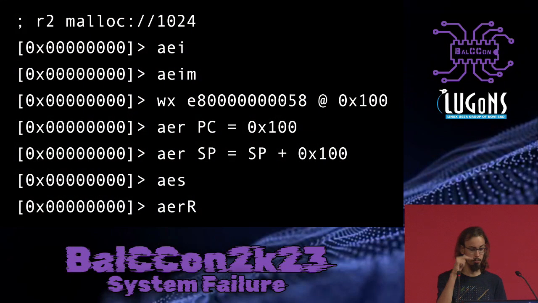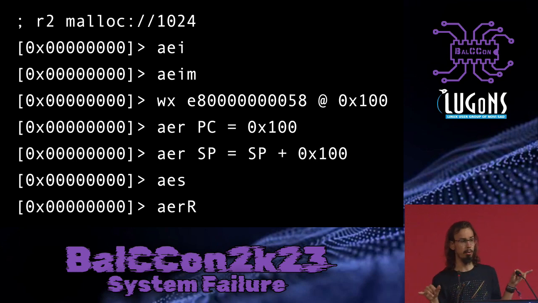Then we set the program counter with AER, which is analysis, ESIL, registers, PC, program counter, to the address of that bot. Then we increase the stack pointer just a bit, so that the bot actually has a bit of stack space. And then we can step. Step just means, hey, you've got the program counter at the beginning, step one instruction, execute what is actually there. And then we've executed a single instruction.